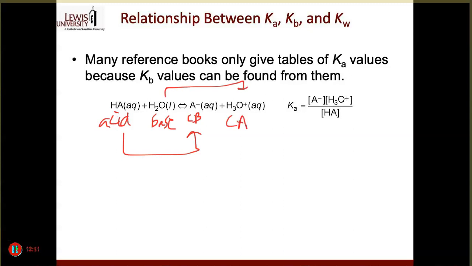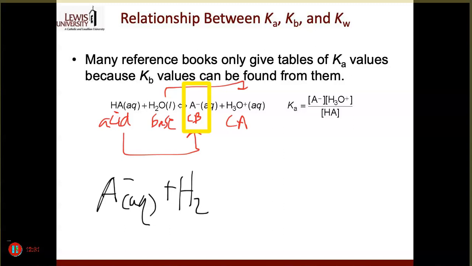All right, so if we focus on the strength of the base, the reaction in the reverse direction tells us how strong of an acid that is. So we need to look at that conjugate base to see, well, what's the reactivity like for that conjugate base, right? How strong of a base is it?